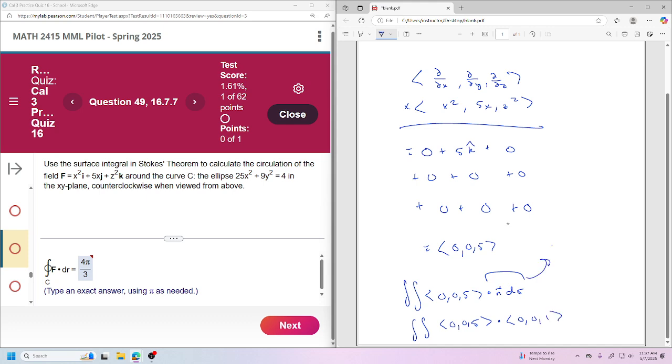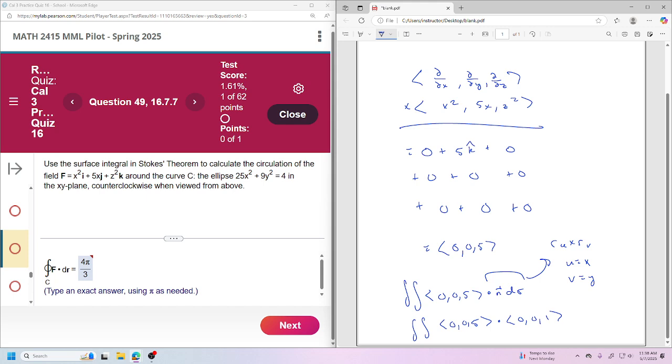If I did this as my ru cross rv, but I chose u equals x and v equals y, I believe what happens is everything cancels out because it's just an ellipse. That n is the normal vector of the ellipse, which is 1k, because the ellipse is on the xy plane, so it's always 1k.